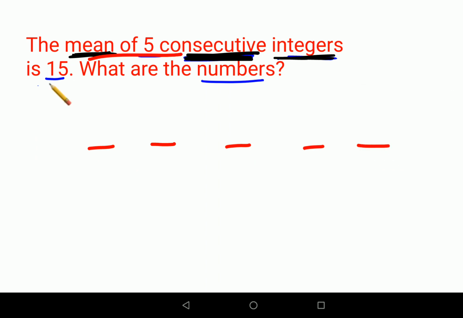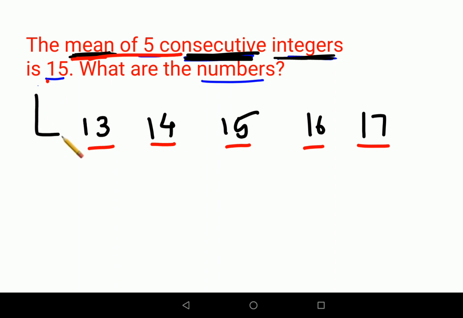Okay. And 15 is the mean. So 15 will be your center digit. So then what you will do is 16 and 17 will follow 15, and 14 will come before 15, and 13 will come before 14. So this is how you can actually do this orally.